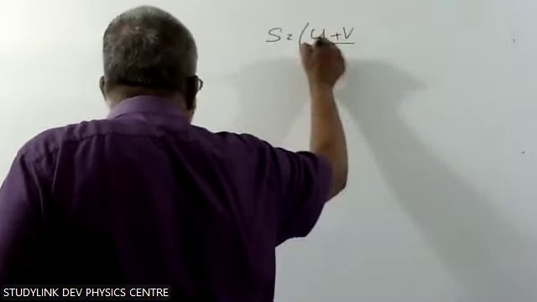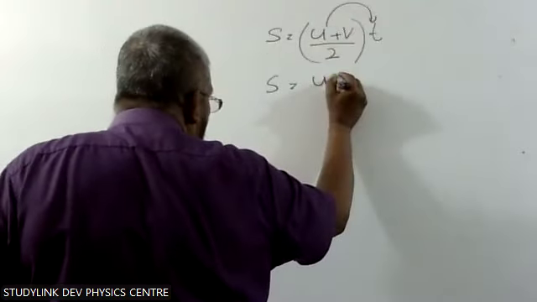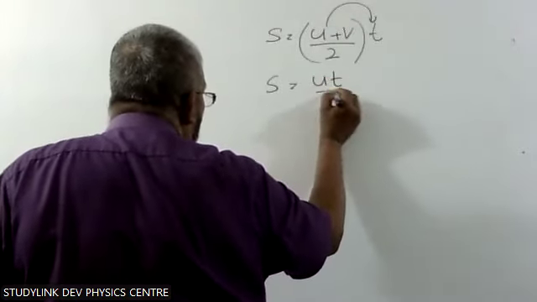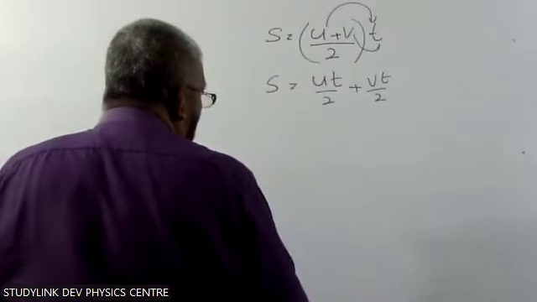This 2 is common. S is equal to u into t divided by 2 plus v into t divided by 2. Now we have 3 terms. You have to simplify: ut divided by 2, vt divided by 2.